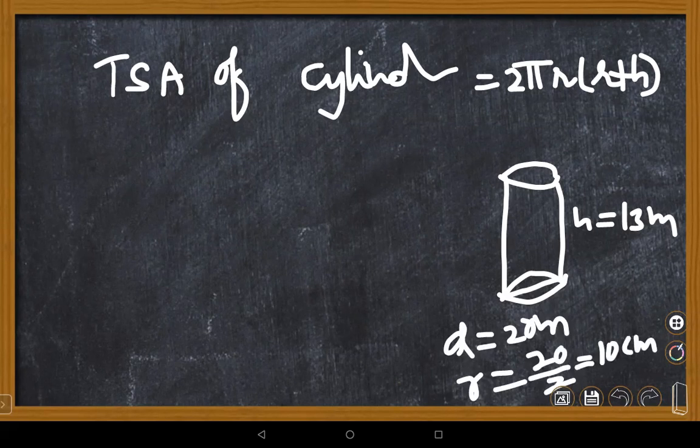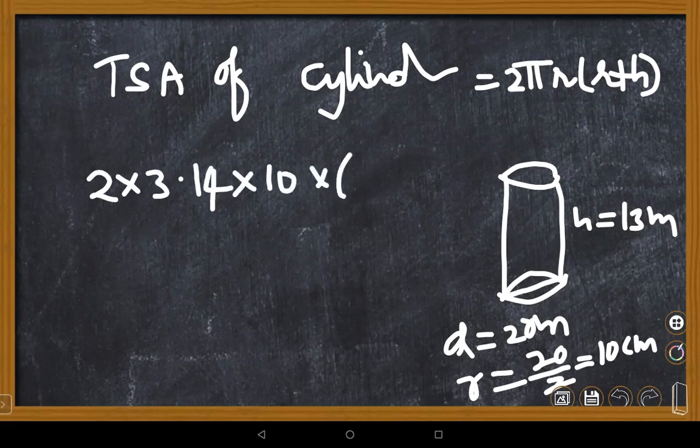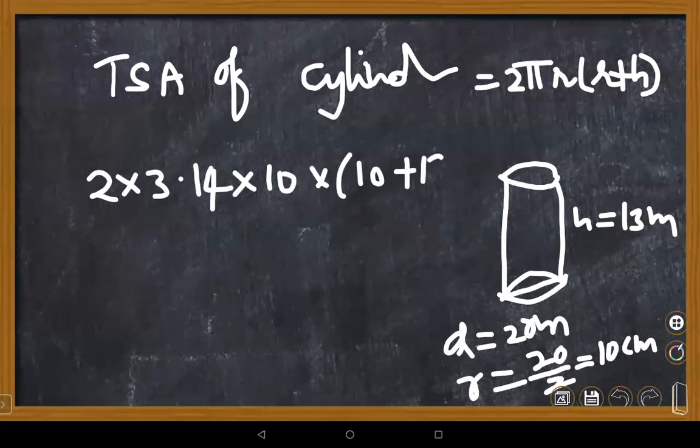Now you have to substitute in the formula 2 into 3.14. What is the pi value, children? Pi is 3.14. 3.14 multiplied with r, which is 10, multiplied with r plus h, 10 plus 13. Please simplify quickly.